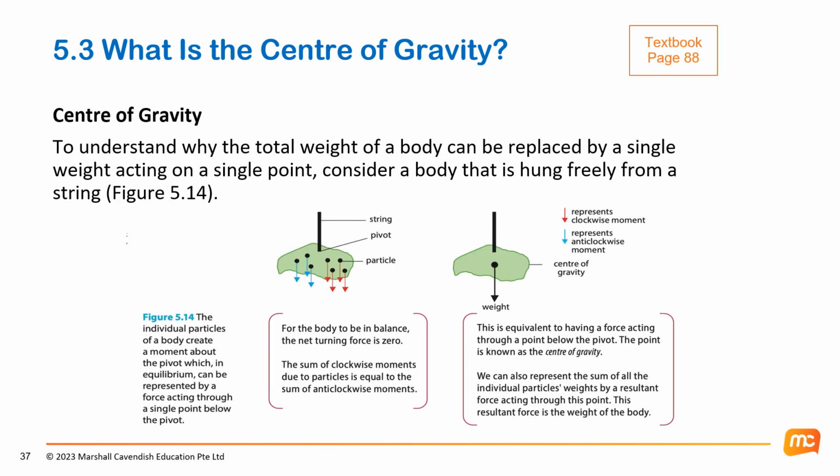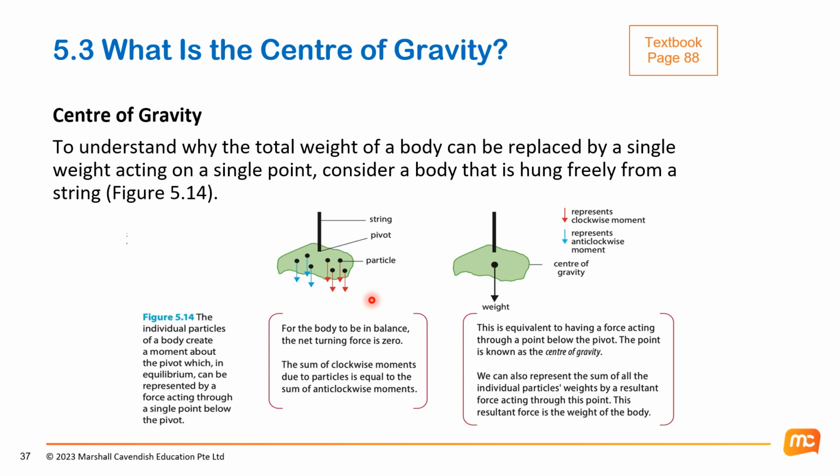Now, consider a body hung freely from a string. We can see that every single particle in this body, we only represent a few, is feeling the weight from the Earth's gravitational field.